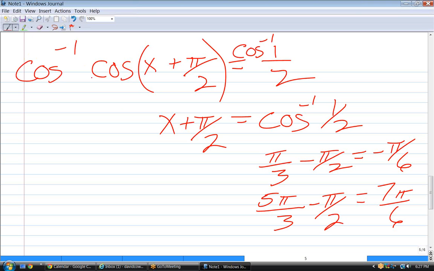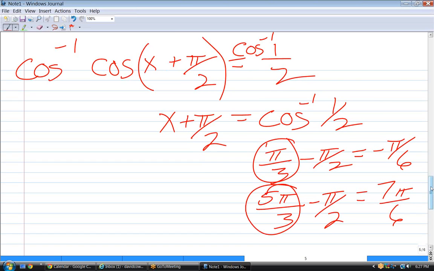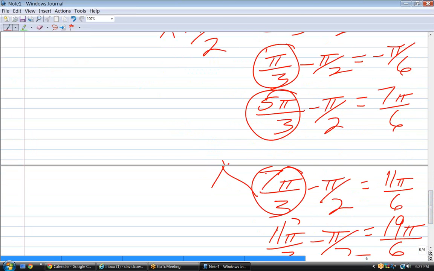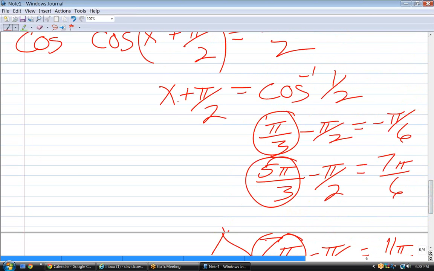When I take the inverse cosine of the left, I get the angle, x plus pi over 2. When I take the inverse cosine of the right, I get the inverse cosine of 1/2, which has multiple answers. It has that answer, it has that answer, it also has this answer and this answer. But by the time we subtract pi over 2 from each of those, which I have to do because in order to solve this for x, I have to subtract pi over 2 from both sides of the equation.